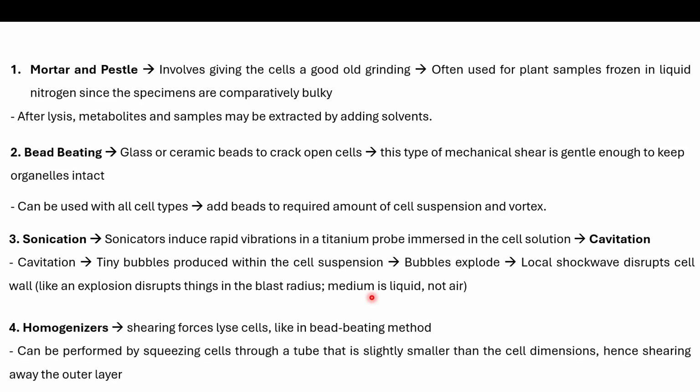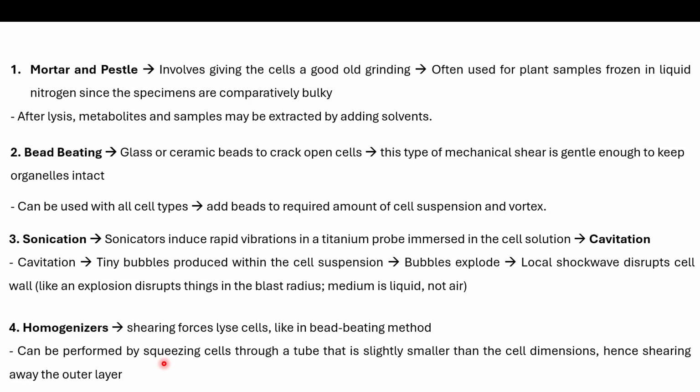Then homogenizers. Another way to lyse the cells is the usage of homogenizers, which is mostly like the bead beating method, where again mechanical shear is used to break the cells open. Suppose you have a layer inside and the cells are squeezed, and the particular layer has a gap which is less than the diameter of one cell.